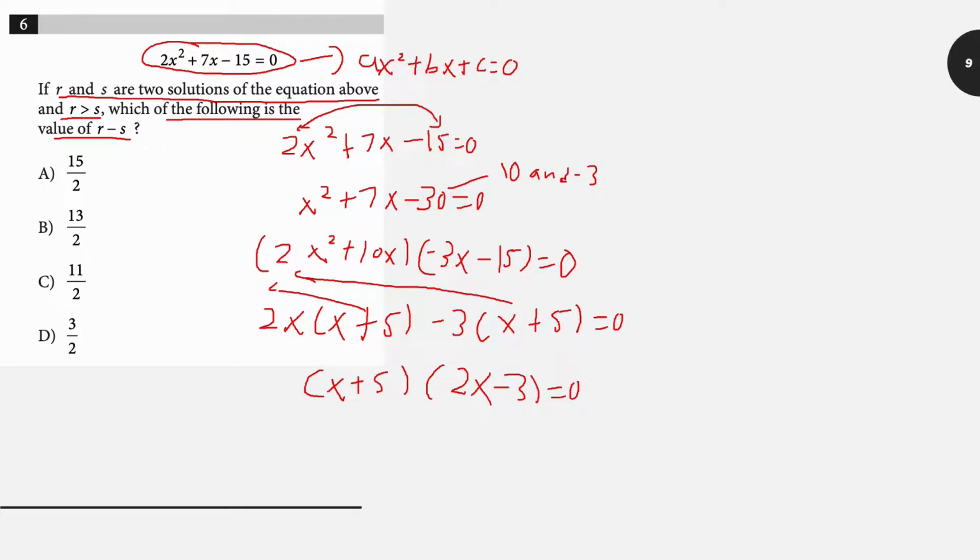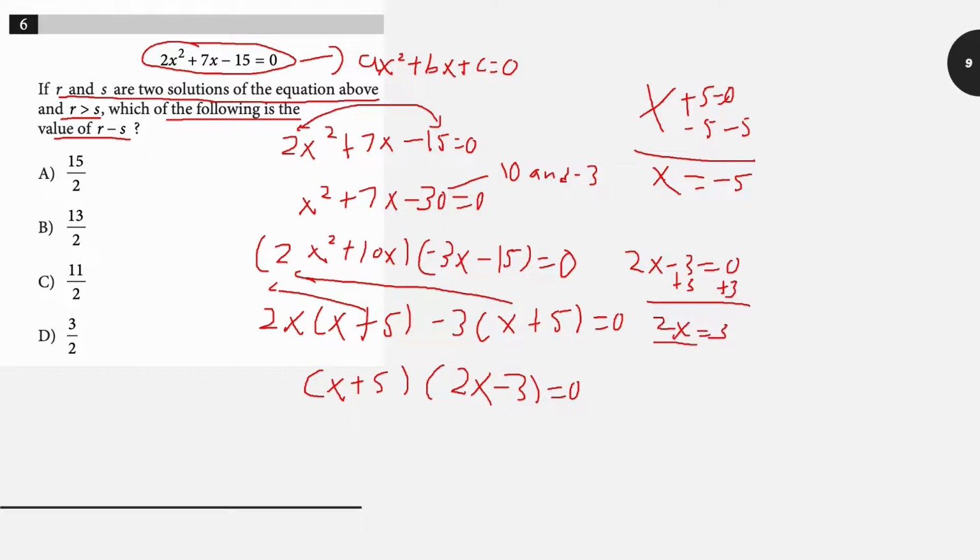So x plus 5 equals 0. Subtract 5 on both sides, you get x equals negative 5, and when you do the other value, you get 2x minus 3 equals 0, plus 3 on both sides, and you get 2x equals 3, divide by 2 on both sides, you get x equals 3 over 2.